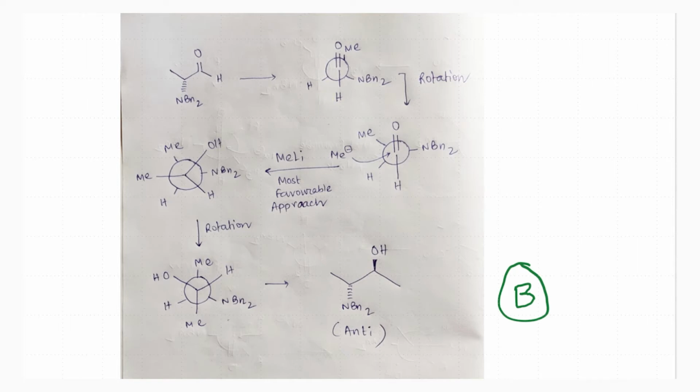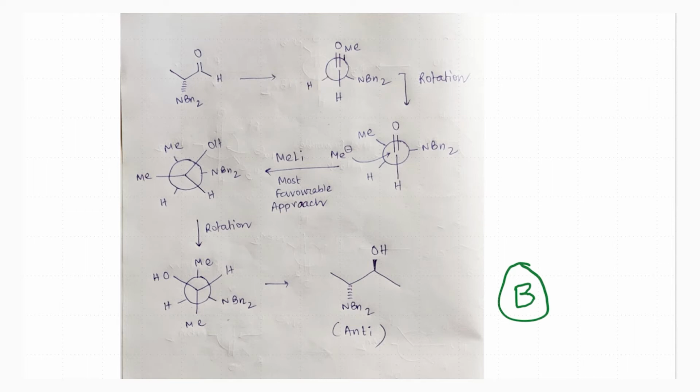If you look from here, the hydrogen is below, the carbonyl is above, and the NBn2 as drawn here is going into the plane of the paper. So if I look from here, then the N-dibenzyl would be on the right, and the methyl group is eclipsing the carbonyl, so it would be right behind there. And of course, the hydrogen, which is not drawn here, would be on the left.